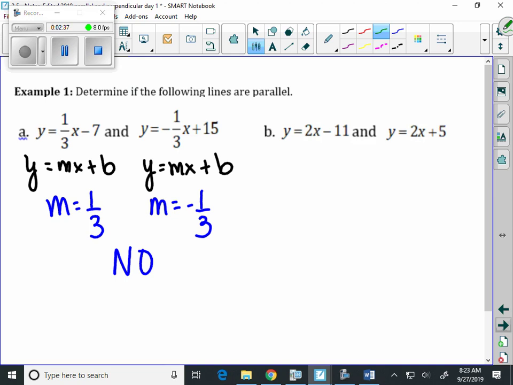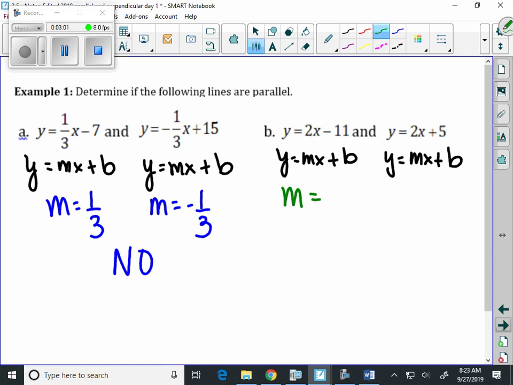If you're not familiar with the formulas, again, what I recommended to you yesterday is that you write down the formula every single time so that you remember the formula. Not going to be provided for you. Point slope, not going to be provided for you to the best of my knowledge. Slope-intercept form, not going to be provided to you for the best of my knowledge. So we need to know them.